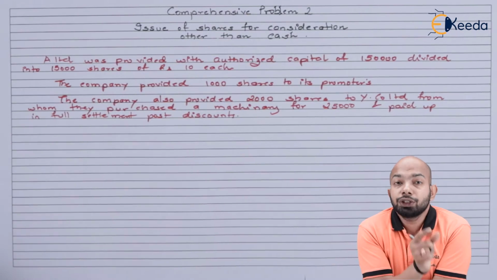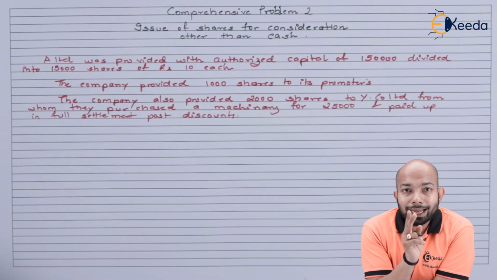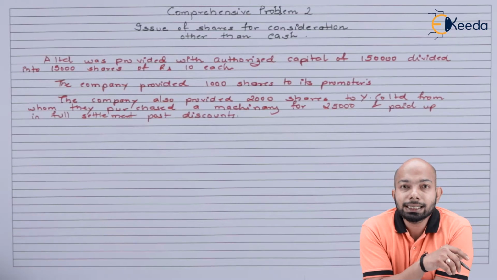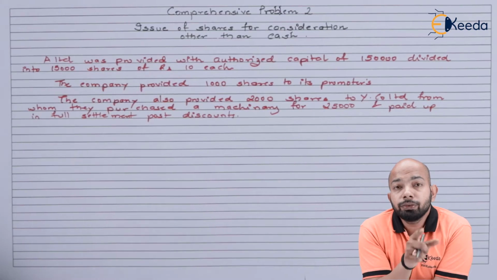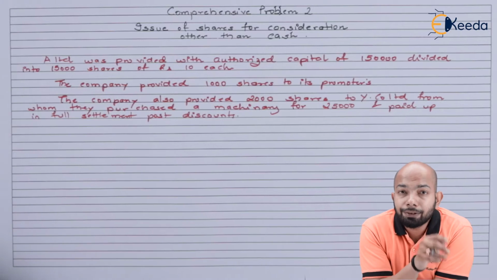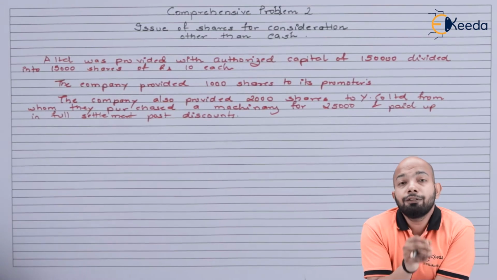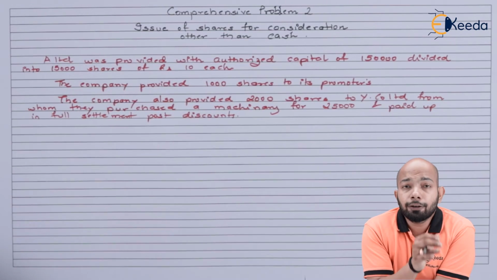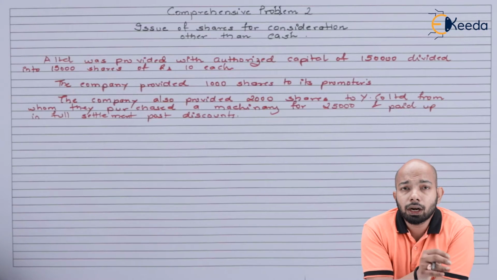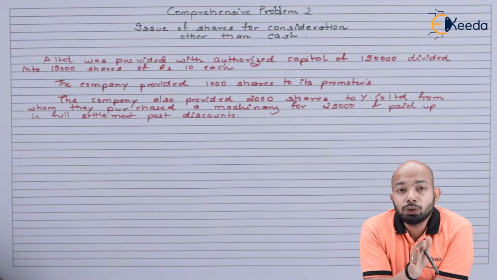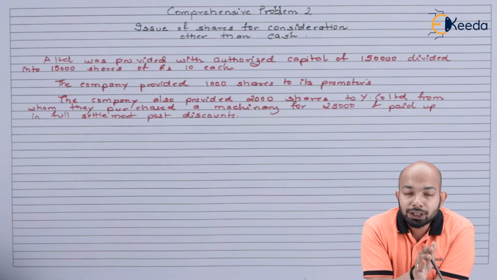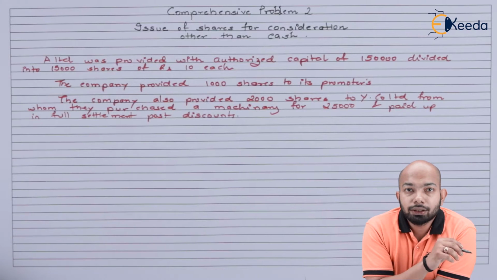The second transaction is that the company provided 2,000 shares to Y Limited Company, from whom they purchased a machinery for 25,000 rupees, and in full settlement of the amount after discount, they paid up 2,000 shares of rupees 10 each. These are the two specific transactions mentioned here. Now, let's figure out other details of this question.